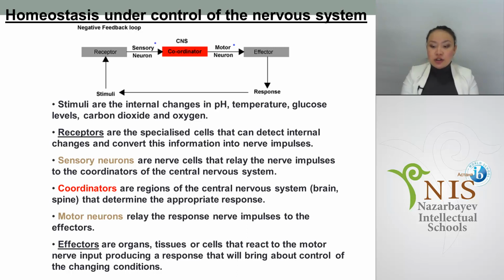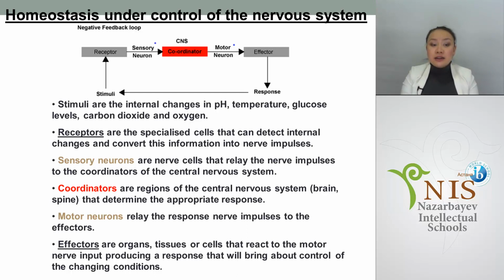The coordinators are regions, which could be the brain or spine, and they will determine the appropriate response. Motor neurons relay the response nerve impulses to the effector, and the effector is the organ, tissue or cells that react to the motor nerve input, producing a response that will bring about control of changing conditions.